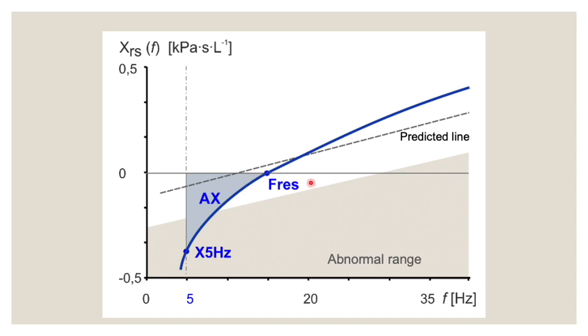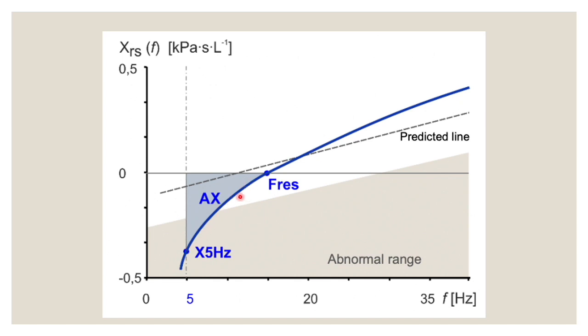We'll be talking about this terminology called resonant frequency, which is the point where this line goes from a negative to a positive. And we'll also go through what this triangle means, which is called AX. For now, remember that if this triangle AX becomes bigger, it enters an abnormal range.